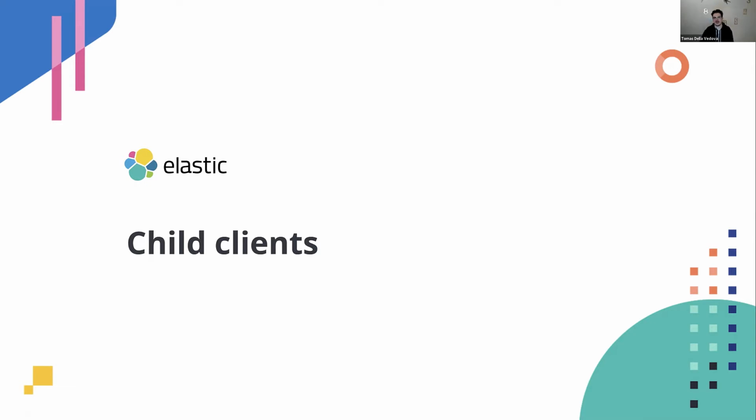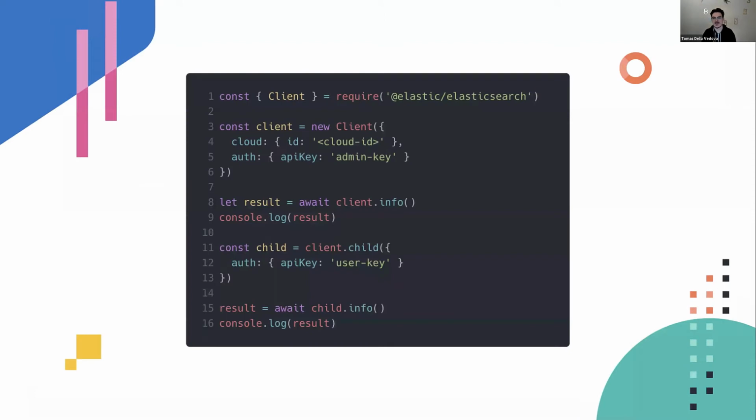So what is the client offering you for addressing this issue? Child clients. Child clients work in this way. Here, line 3, we are creating a normal client with the usual configuration, and then you are just using it. Let's say that later on you get a new request which will use the normal user client instead of the admin one.